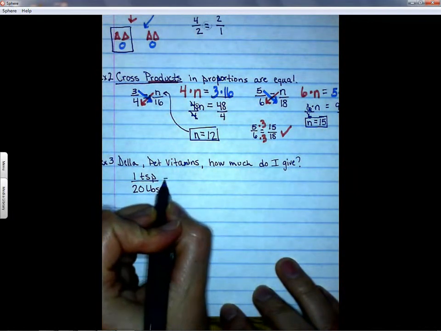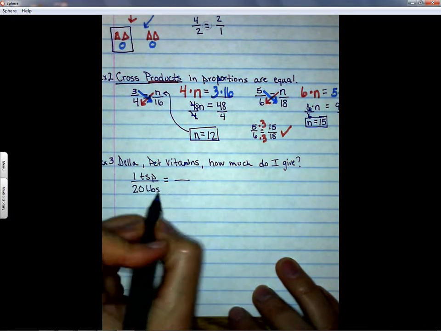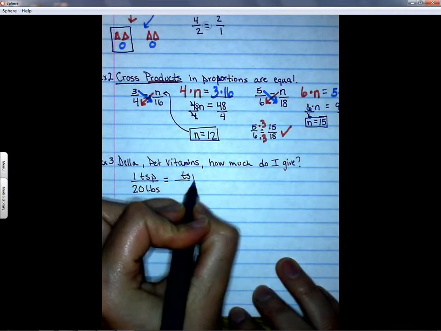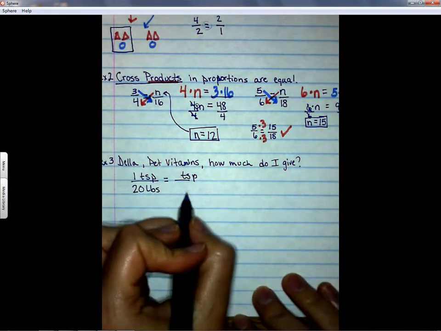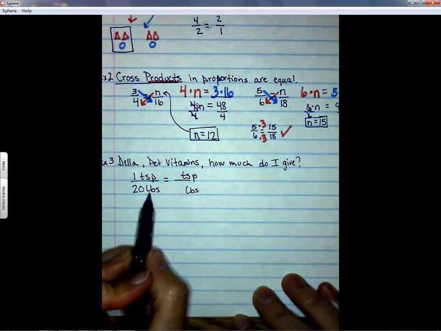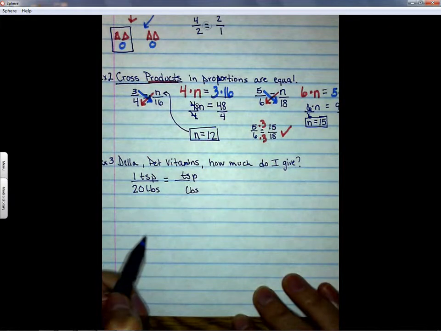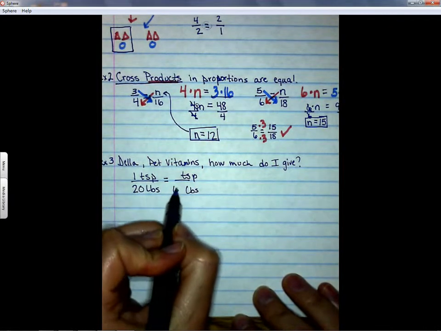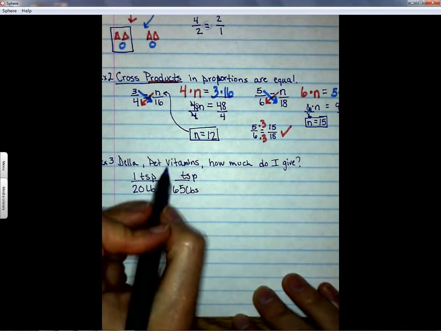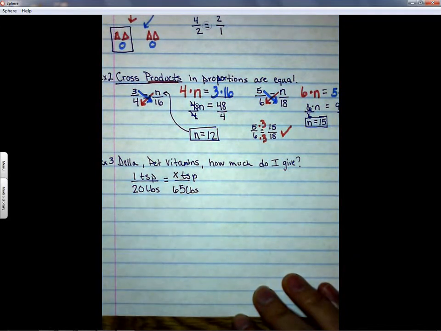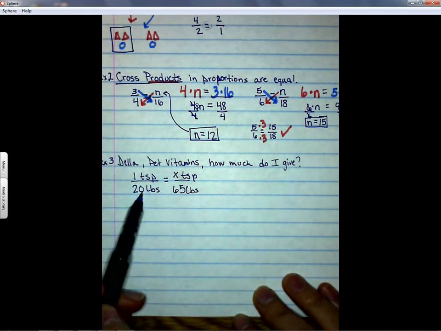And I'm going to set it equal to teaspoons on top again because teaspoons is here, and pounds down here because pounds is on the bottom here. You have to make sure that the labels are set up next to each other. Della is 65 pounds. So the question is, how many teaspoons of pet vitamins am I going to give her?